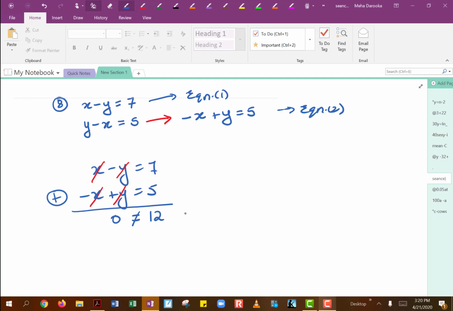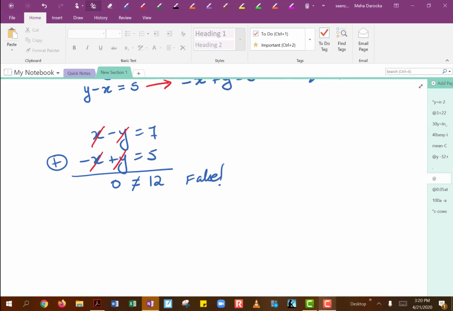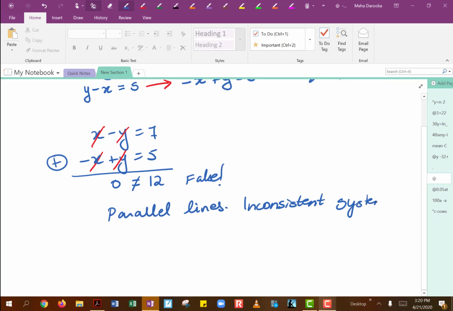So since you are getting a false statement here, it's going to mean the same thing as we had seen with the substitution method. Anytime you get a false statement like this, that means we are again looking at parallel lines. We have an inconsistent system, and this of course means we have no solution to this system of equations.